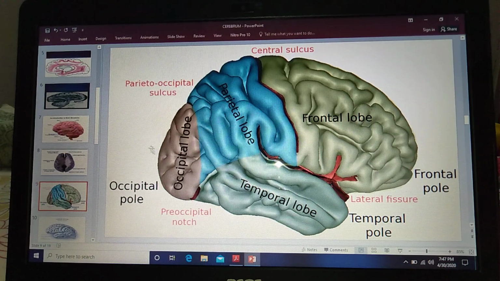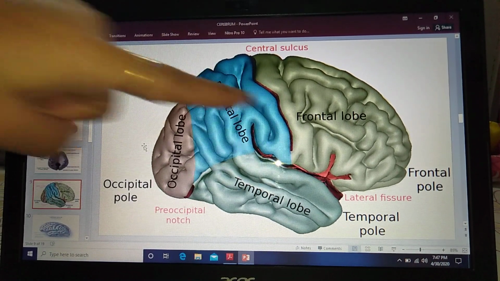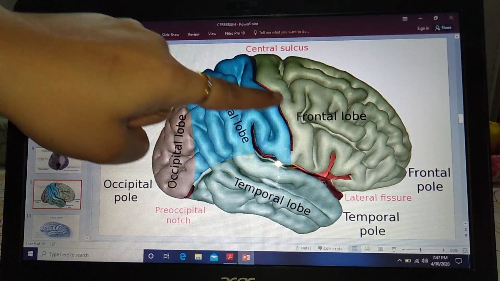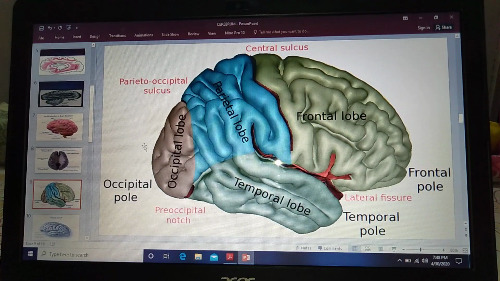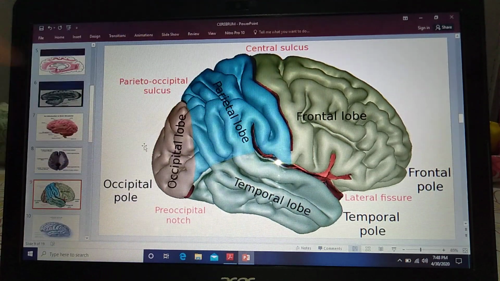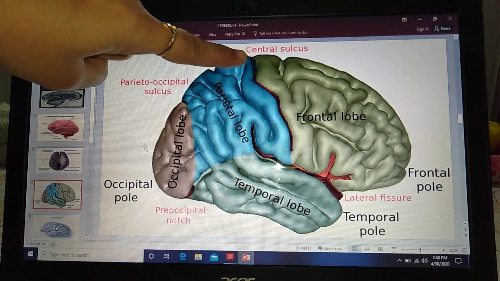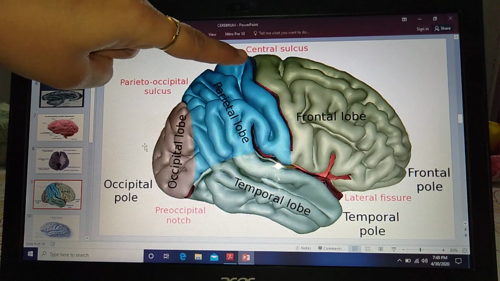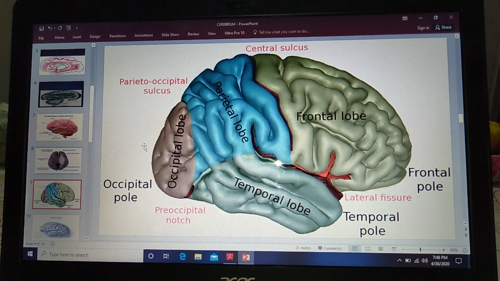Here you can see in this diagram, this is the frontal lobe, right? Now this is the central sulcus, right? Sulci are the grooves that are separating the gyri. Okay, so this is the central sulcus. It begins on the superomedial border of the hemisphere, a little behind the midpoint between the frontal and the occipital poles.